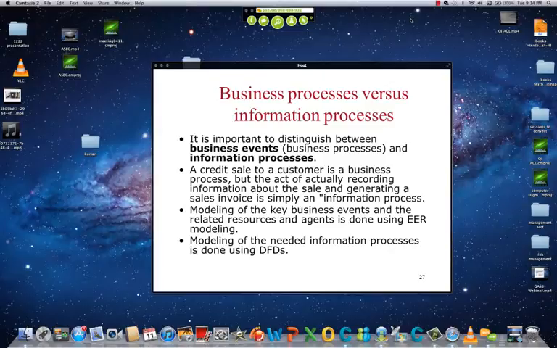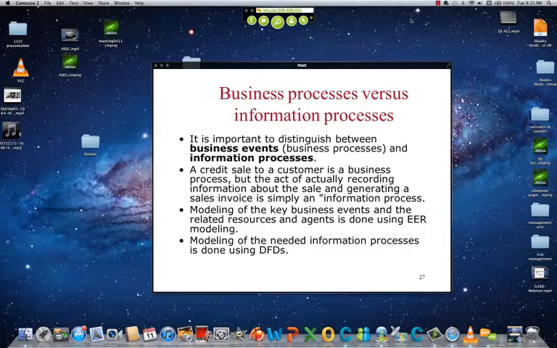So at this point, what is a business process and what is an information process? The information process is, I guess, the credit card company taking the money from your account or processing the online payment.